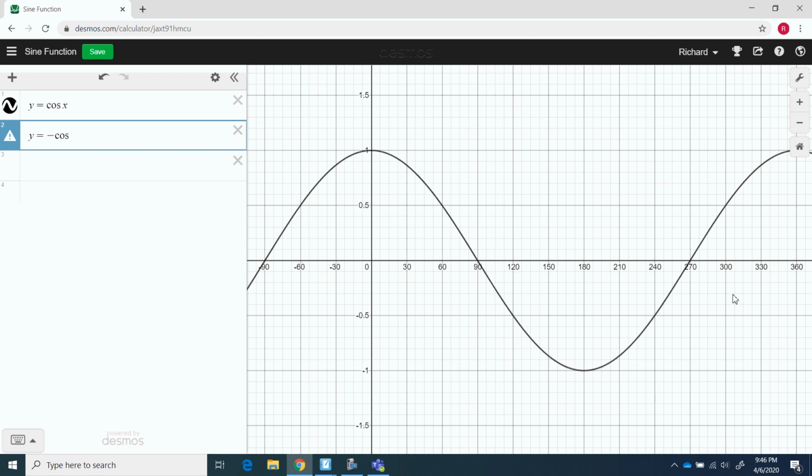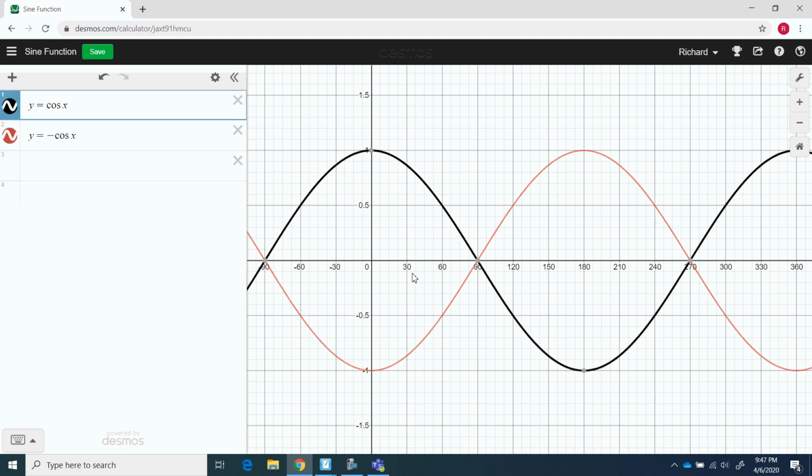So let's finish it out and see what it looks like. As we said, these numbers flipped and went down here and became their corresponding negatives. These negatives were multiplied by negatives, so they became positive, and basically your graph got reflected or flipped across the x-axis.